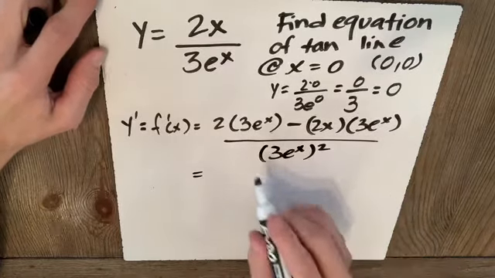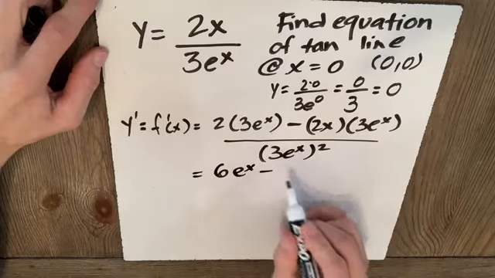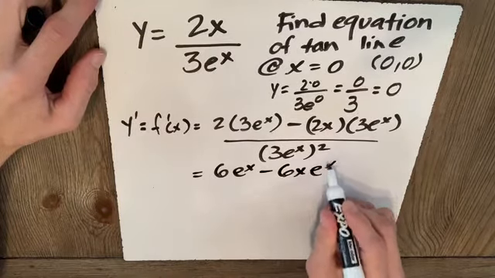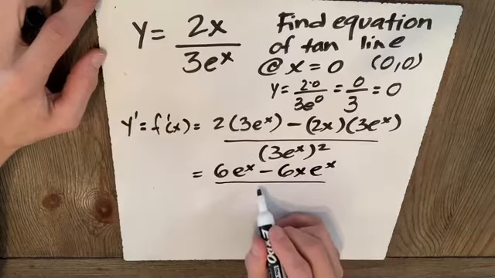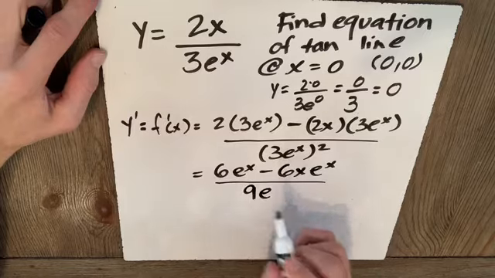So our derivative is 6e to the x minus 6x e to the x over 3 times 3 is 9.